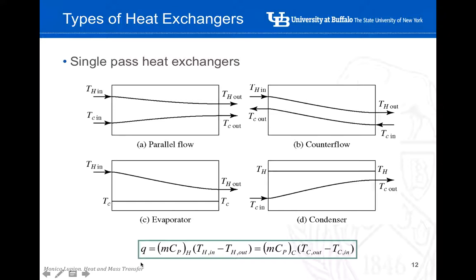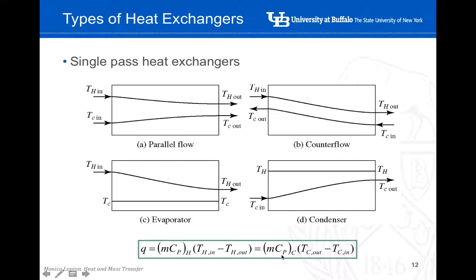So the heat that we can transfer from one fluid to the other is the difference in the enthalpy. And we can define the enthalpy of this fluid, when there is no change of phase, as the flow rate of the fluid times the thermal capacity times the delta T between the inlet and the outlet.